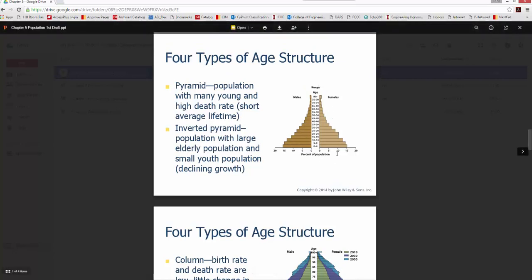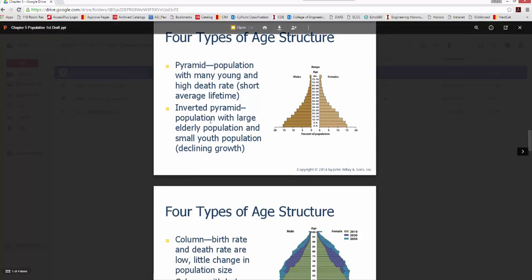So if I say to you that this particular type of population has a pyramid type of age structure, you would say, okay, most of the population is concentrated in the younger generation, and they have a shorter lifespan and a higher death rate. Now, we can invert this pyramid. We turn it upside down. So now you would have the higher percentage of population being older, and younger people making up less of the population.